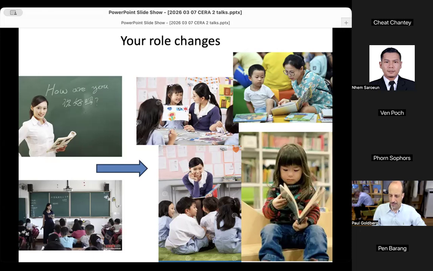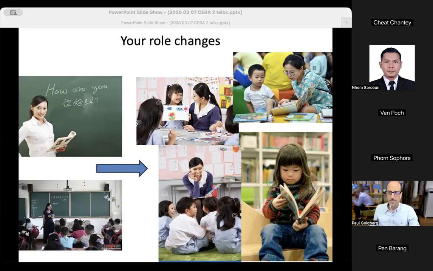This is not teaching. So in an extensive reading class, you're not actually teaching anything. There is nothing to teach. What happens here is that your role changes so that you are now performing the class differently.